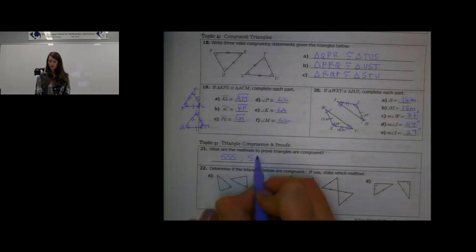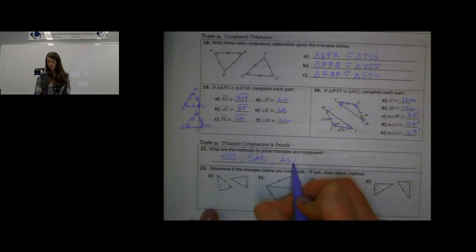All right, so there's how we prove triangles: side, side, side, right? Side, angle, side, so it's the included angle; angle, side, angle, included side; angle, angle, side, that would be the opposite; and then your hypotenuse leg. Okay, so here we've got angle, side, angle, so yes, we can prove these.